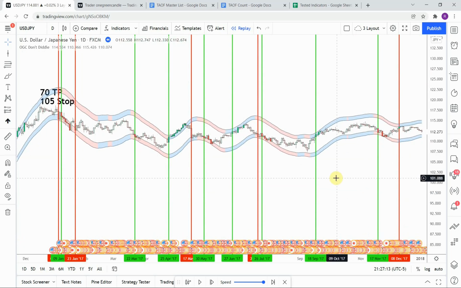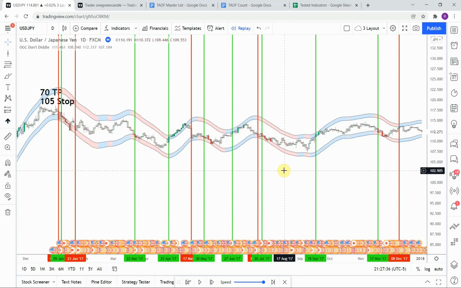So we have 13 trades altogether, and we have 1, 2, 3, 4, 5, 6, 7, and 8, 8 winning trades. And so that is going to meet the 60% criteria. Just kind of barely edged over that 60% there, but it got there nonetheless.